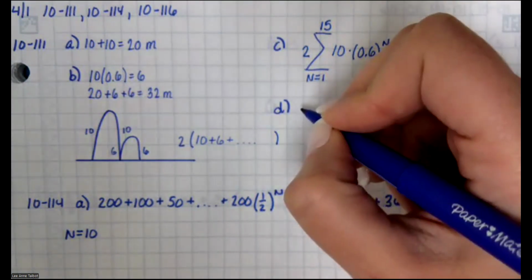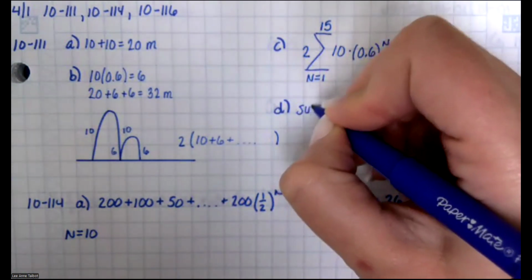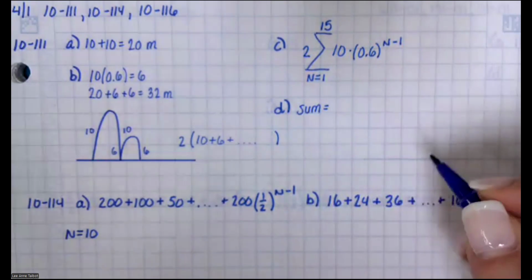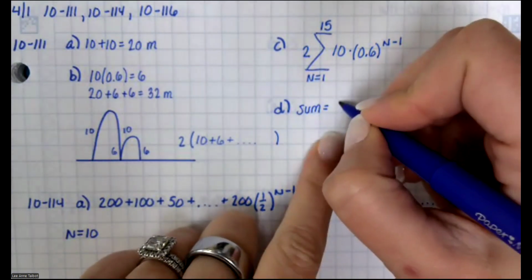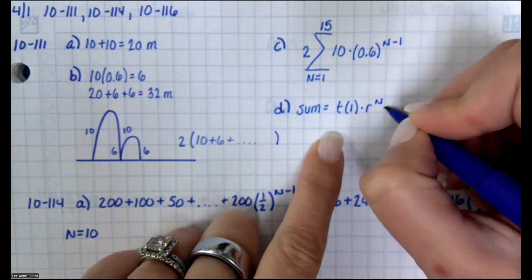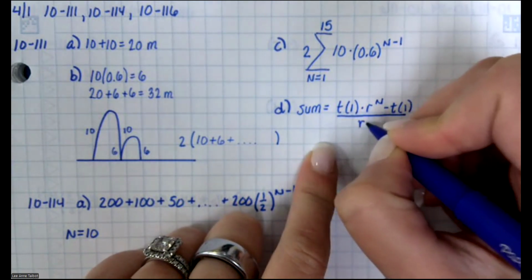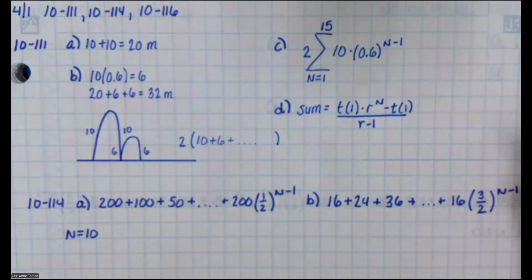Okay, and now we're going to find the sum using the formula. So I want to remind you of what the formula is, even though I told you that you don't have to memorize it. I feel like the more times you write it, the more chance you do have.